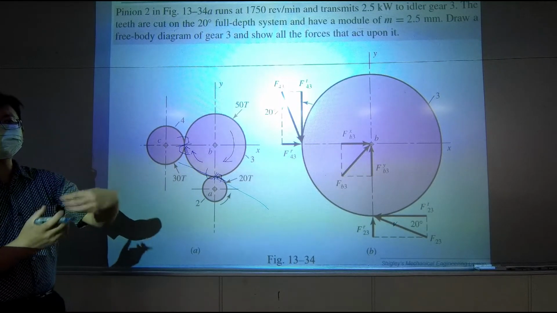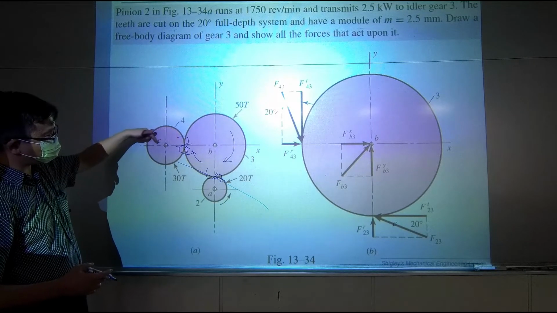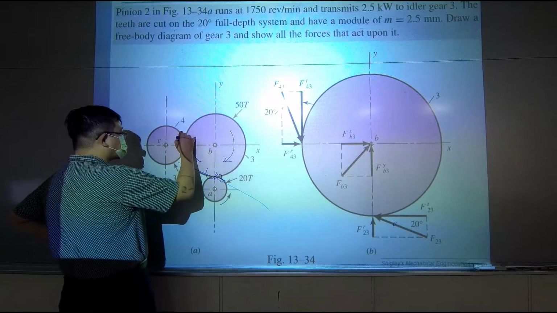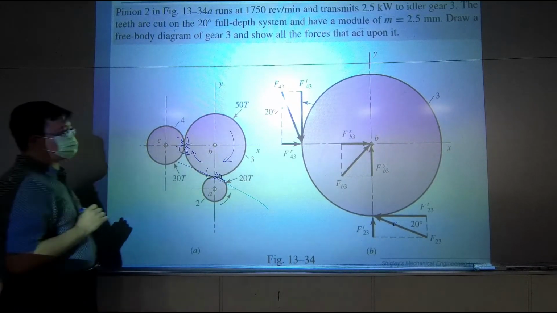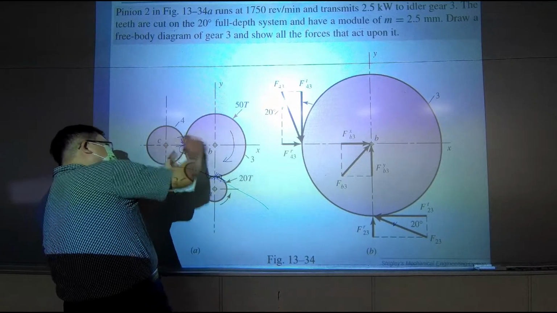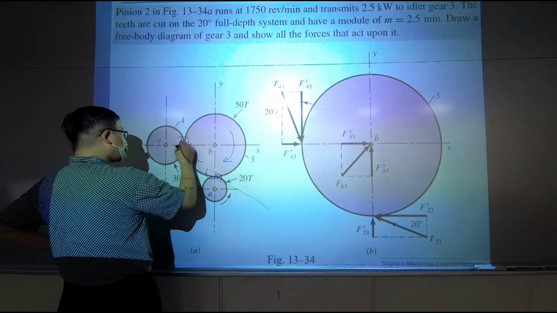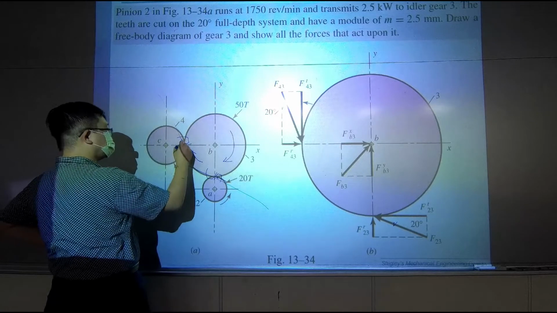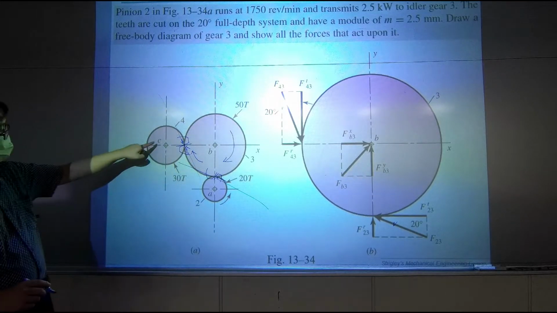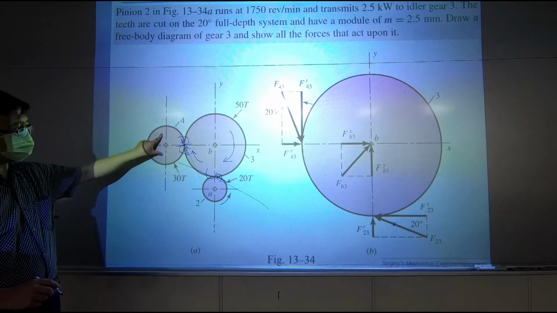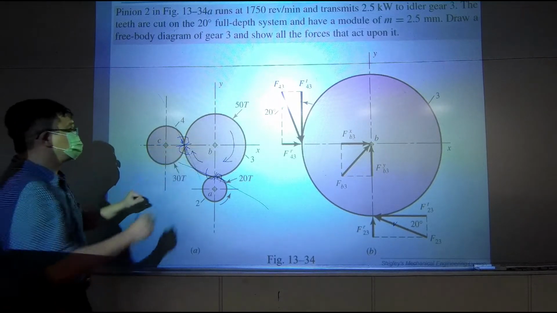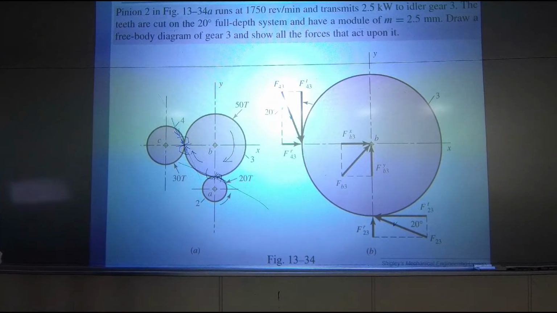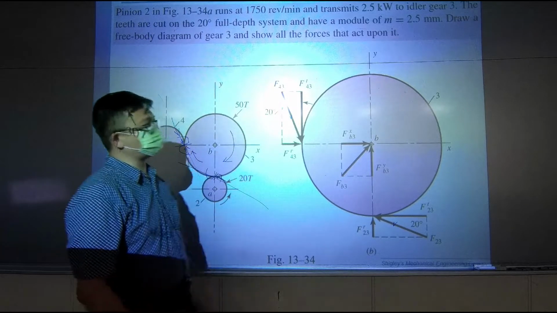So if there is a reaction force, the tooth of gear C is pushing downward to form this force balance. So in this case, if you observe the profile of the tooth, the force should be transmitting along this line, this direction. And the force coming from C applying onto B should be going this way. That's why we can tell the external force right here is this way. Okay?